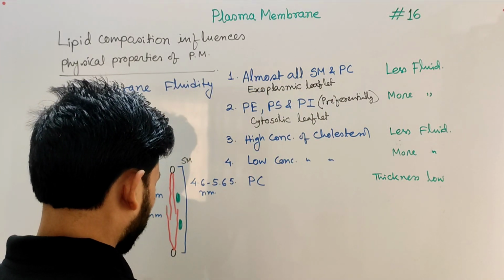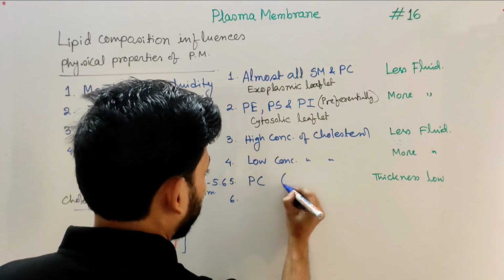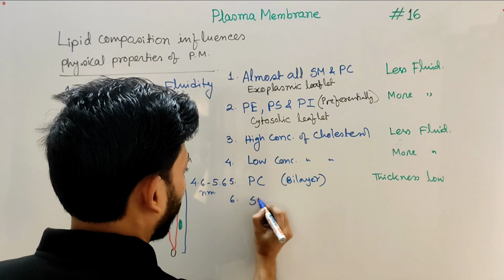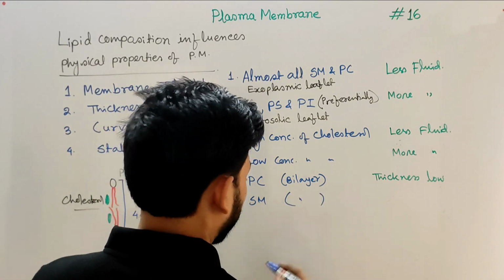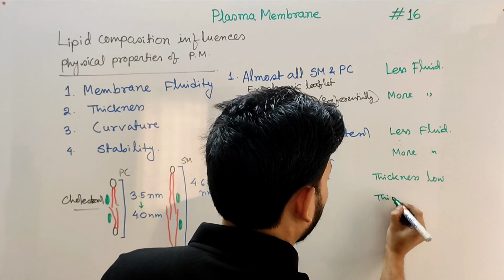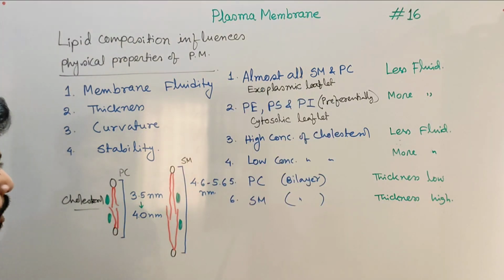Remember, if the bilayer contains sphingomyelin, then the thickness of the membrane is high. Now let's talk about curvature.